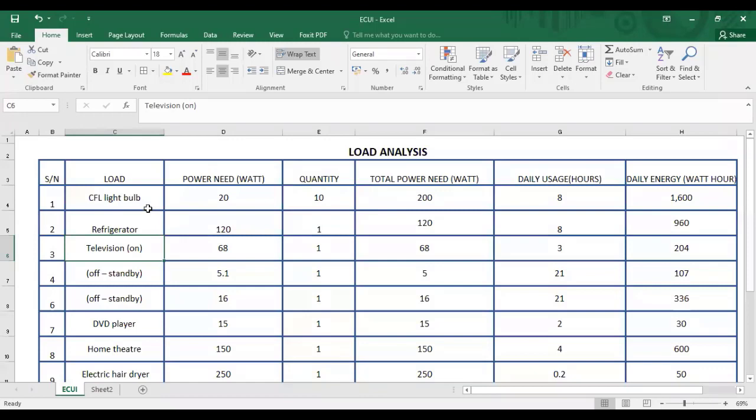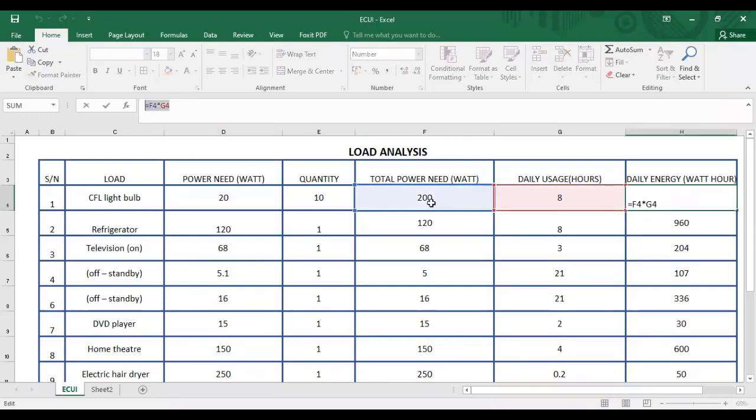Now imagine I'm going to put on this light bulb for 8 hours. So I have 200 multiplied by 8. If you look at the formula here, you can see that it is the product of the total power, which is 200, multiplied by 8, and that gives us 1,600. And this 1,600 is the daily energy.